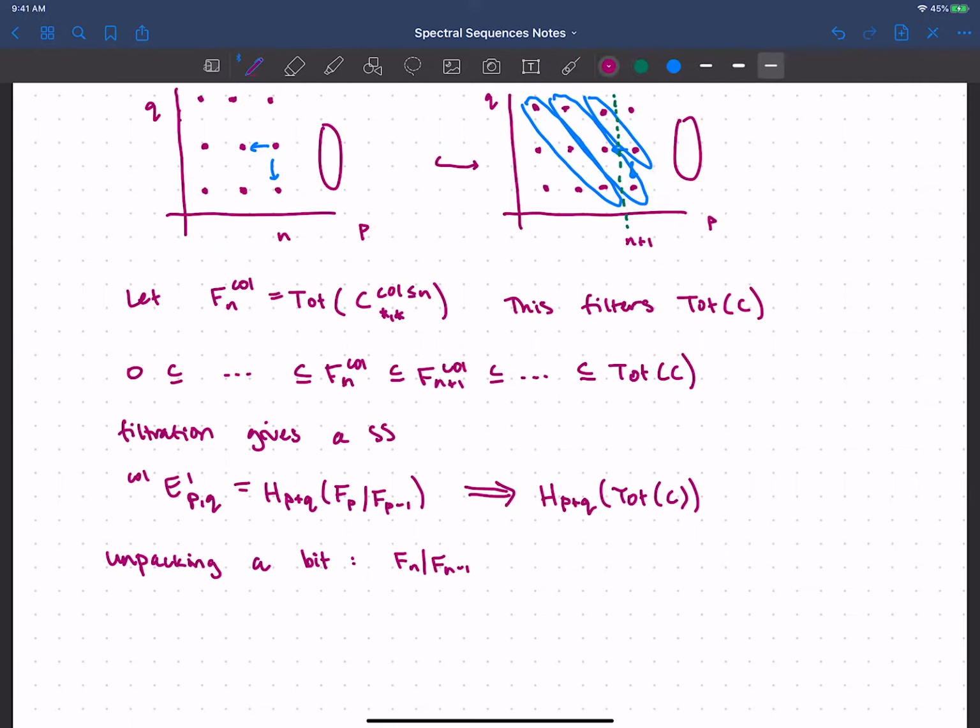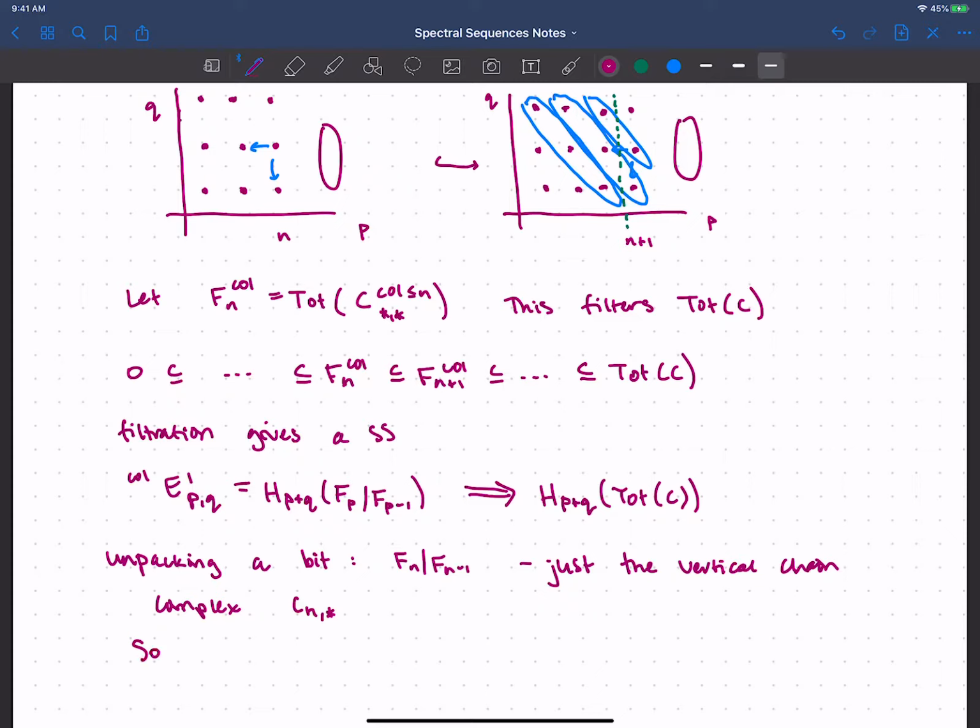Okay, so this is just the vertical chain complex, and that looks like C_{n,*}. That second index tells us about the height.